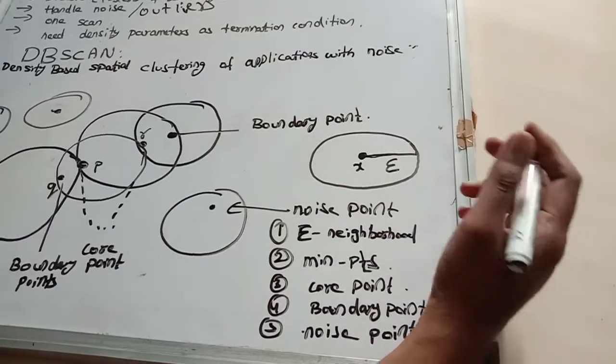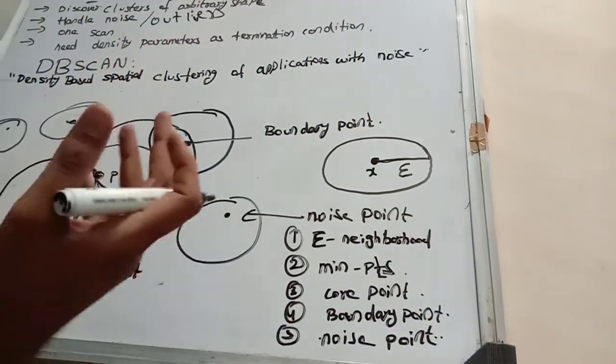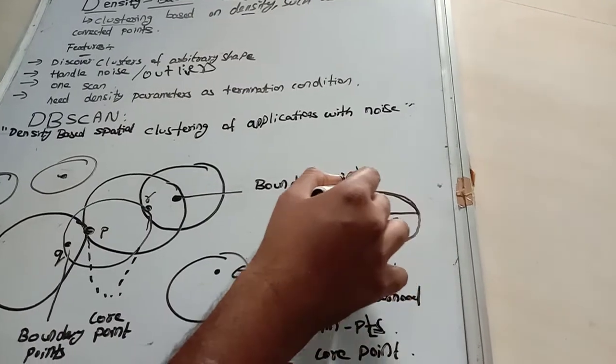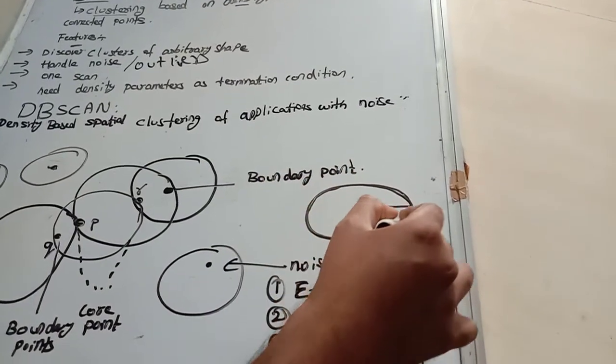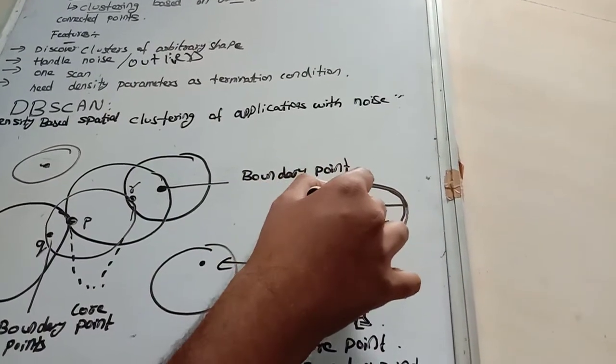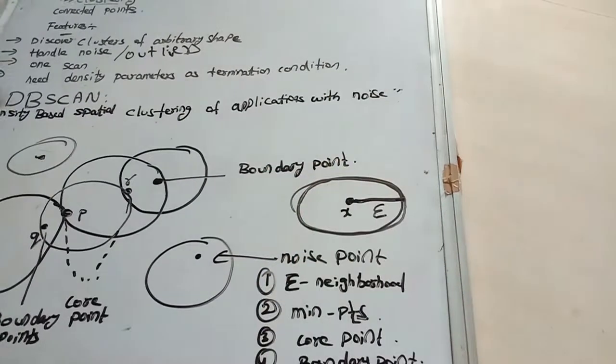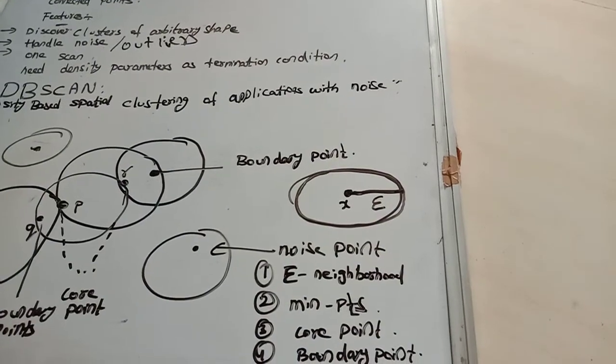It can be in any units, like epsilon is 5 centimeters or 3 centimeters. Epsilon is defined as the radius of the circle.